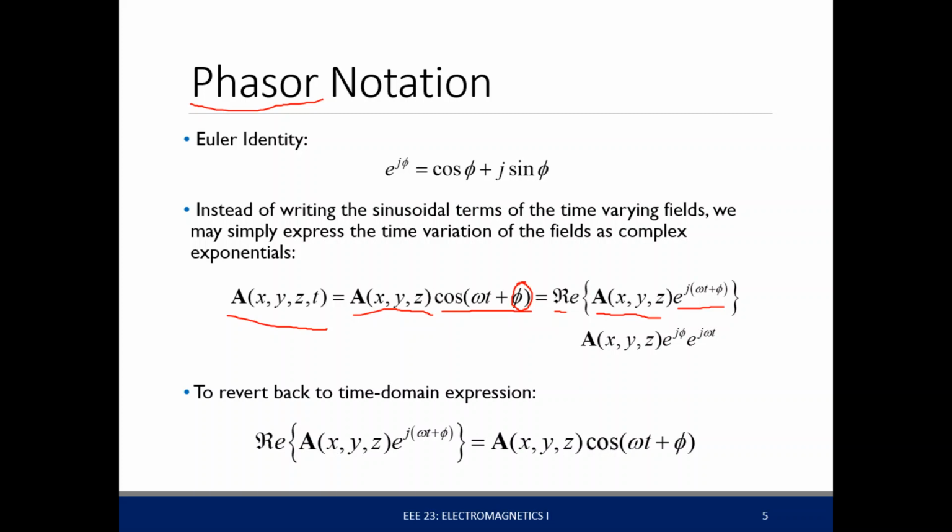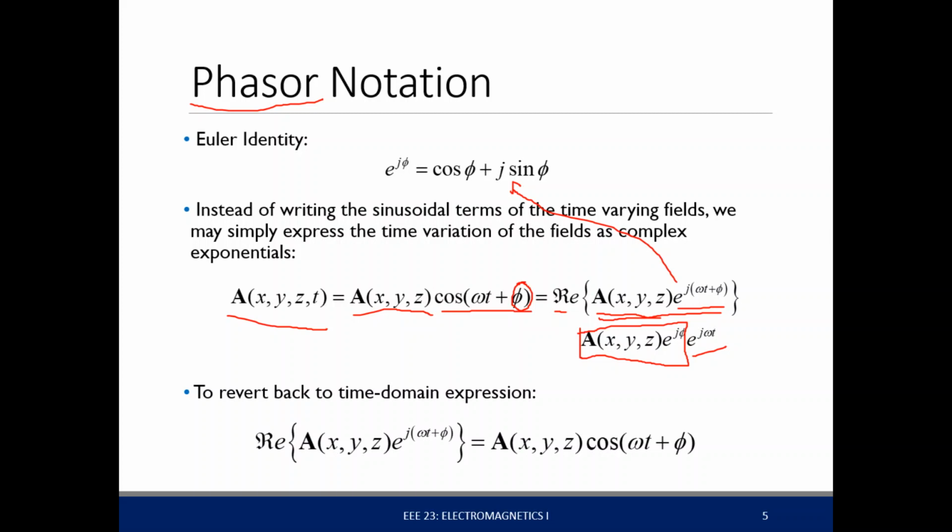Recall that this function can be broken down to its cosine and sine component. Okay. And if you look at what's inside of this real operator right here, it's this expression. Okay. This expression is the complex amplitude, and this is the sinusoidal dependence.